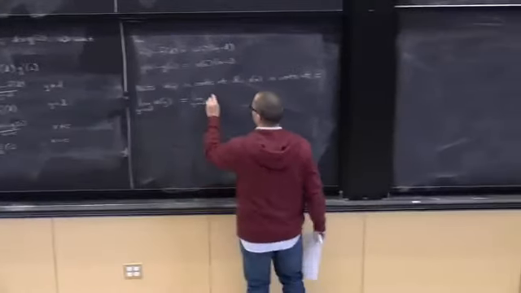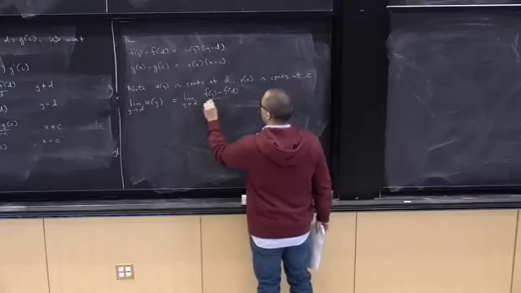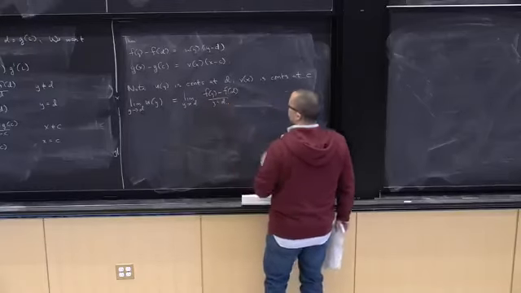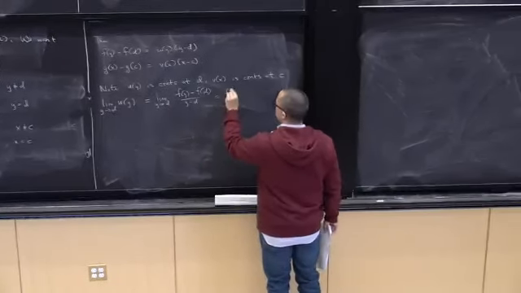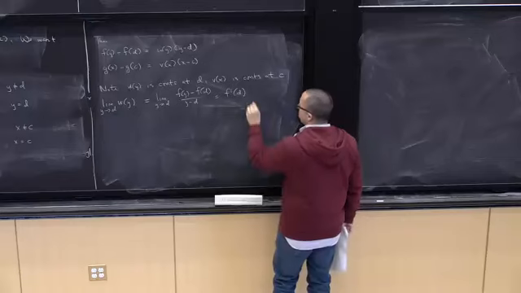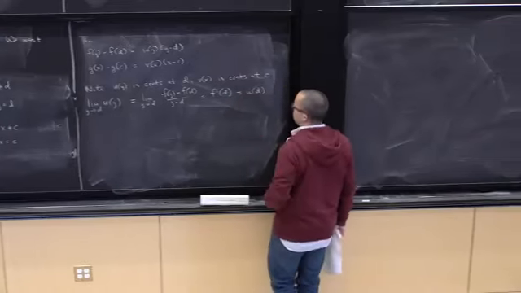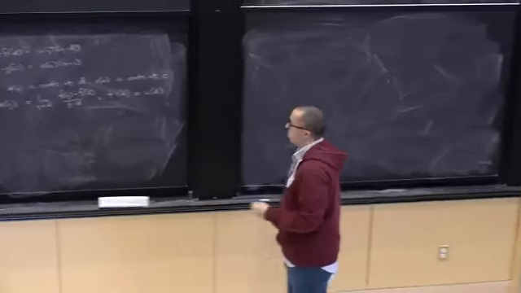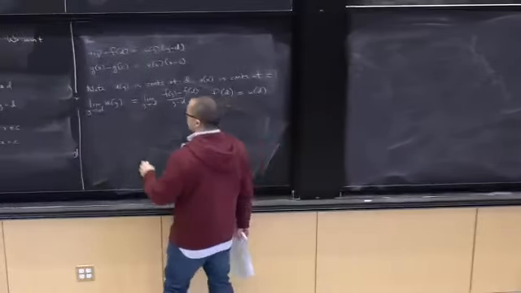So this is the limit as y goes to d of f of y minus f of d over y minus d. And this is just the definition of the derivative of f at d. So remember, d is g of c, so f is differentiable there. And this is, by definition, u of d, right? So this function u is continuous at y equals d.